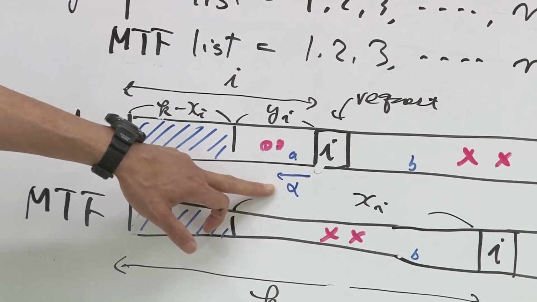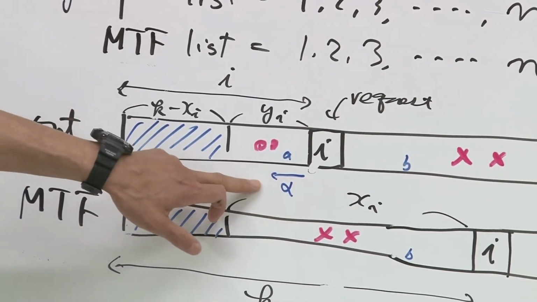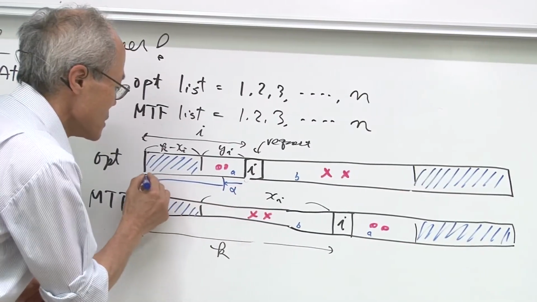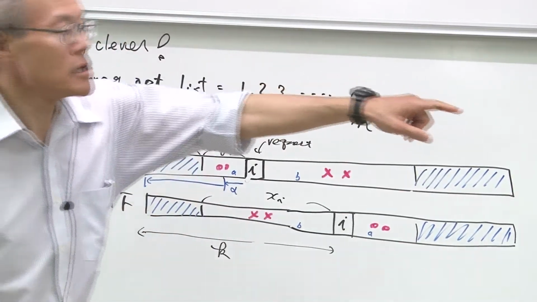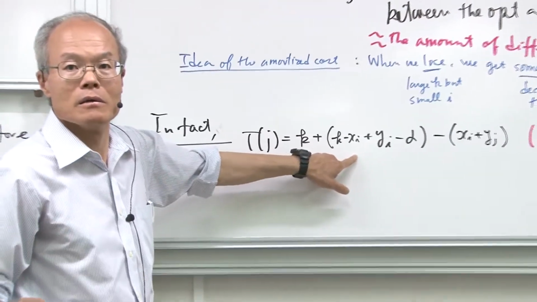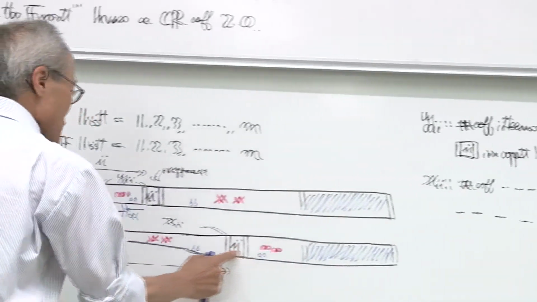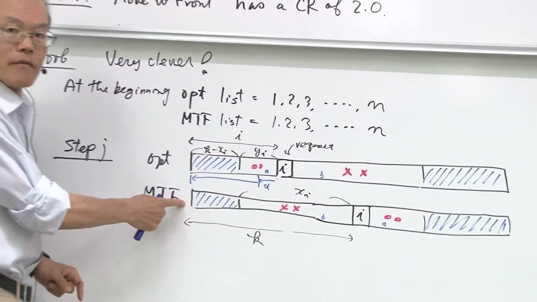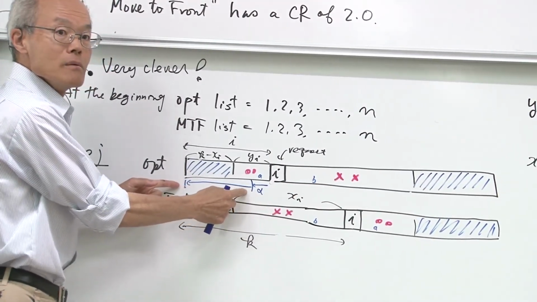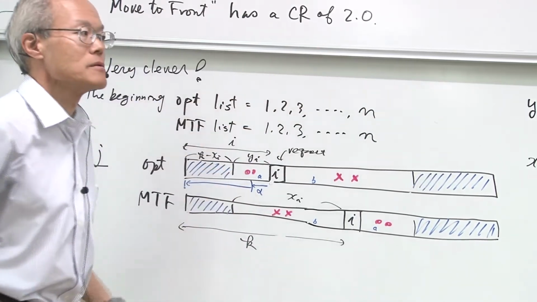Okay? Then the difference is what? The difference is k minus xi plus yi minus alpha. Okay? This is the inverse j plus 1, because at time j plus 1, this guy comes to the front, everything is after I. But these guys are before I in opt. So the difference is exactly that value.